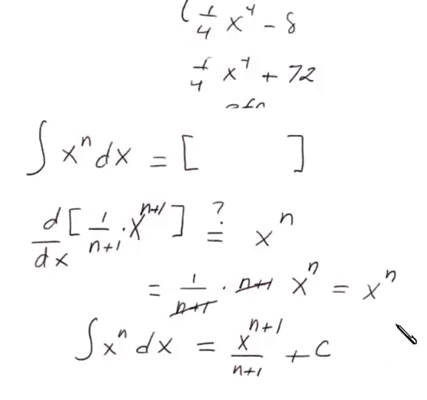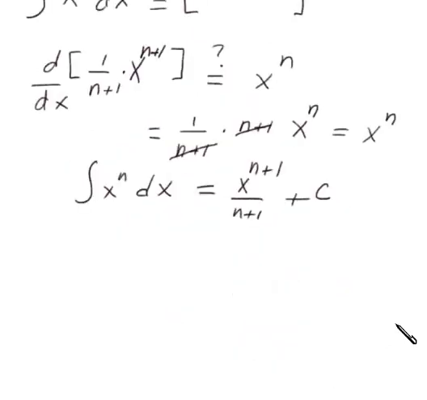And we've got just a few seconds left, so let's try one more applied problem here. Let's look at the integral of x to the 5 plus 2x to the 3 dx. Now, the indefinite integral is a linear operator.